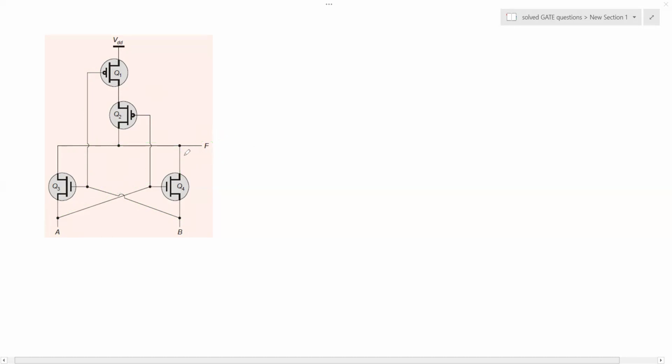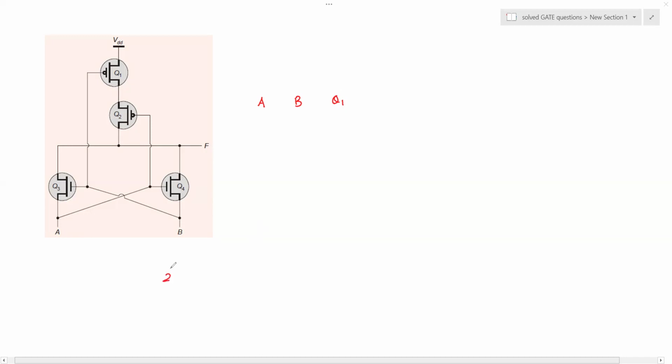So it's obviously a logic circuit, and we want to understand the behavior of this circuit, how this circuit is going to work. You have got A and B, that is the two input lines.